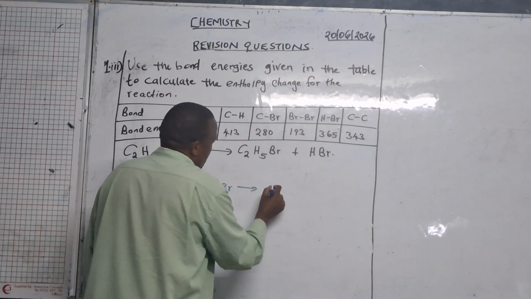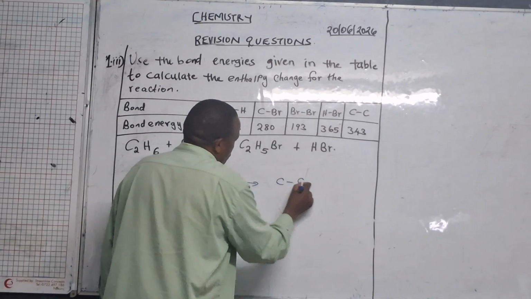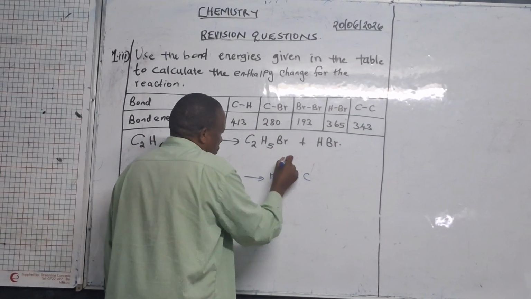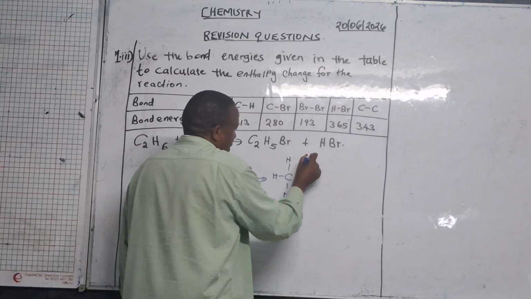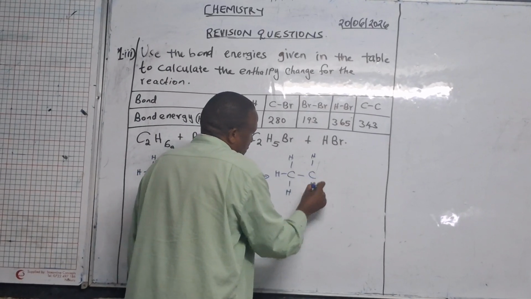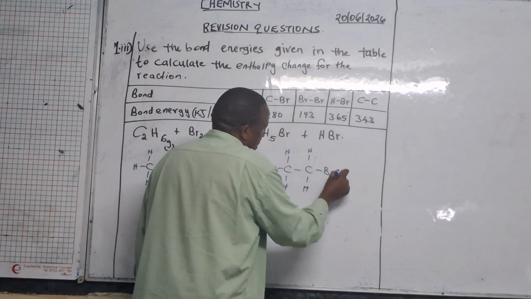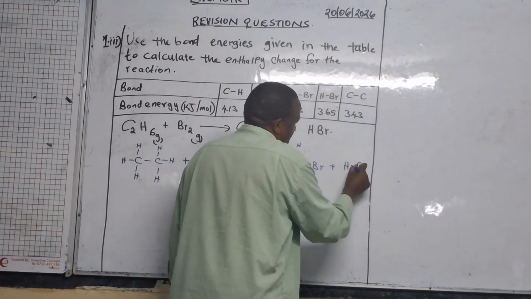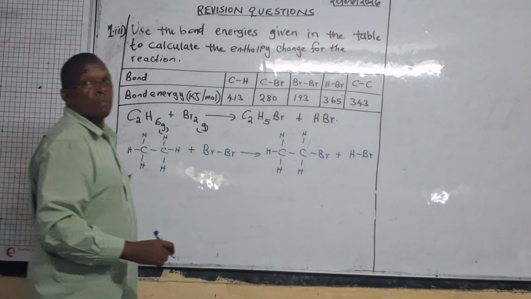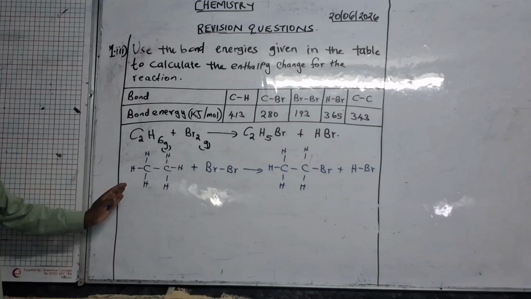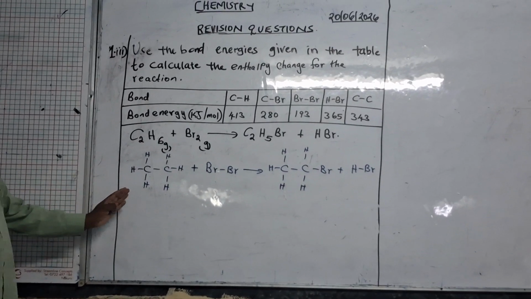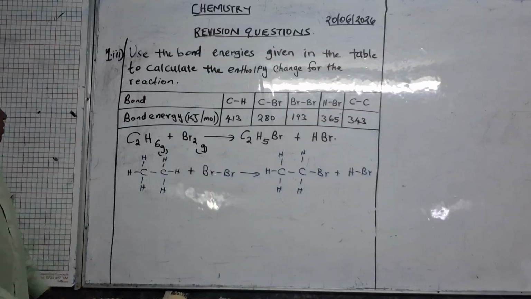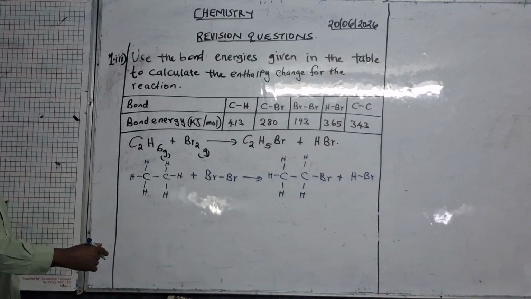We form 2 carbon, that is 1, 2, and then hydrogen, that is 1, 2, 3, and then 4, 5, and then Br. Plus now HBr. This is the open structure for these reactions. Are we together? We have shown all the bonds which are present.